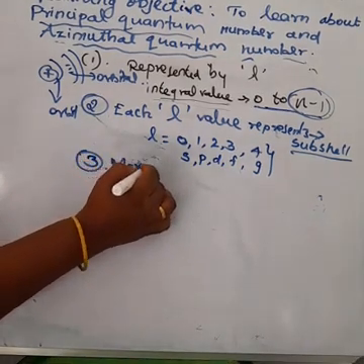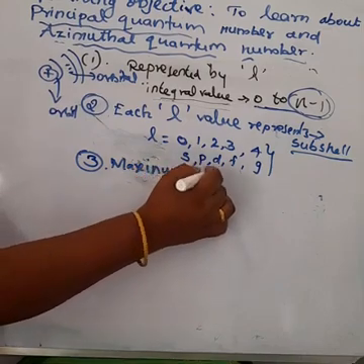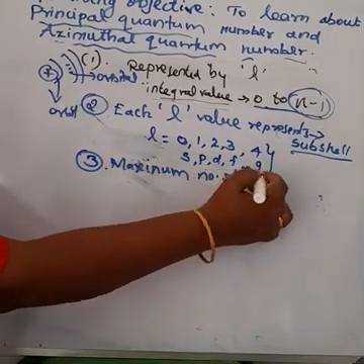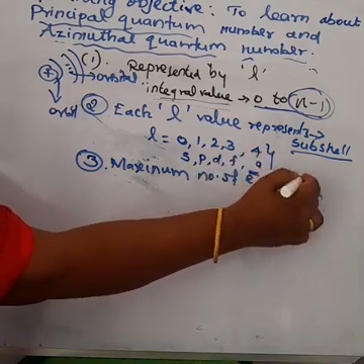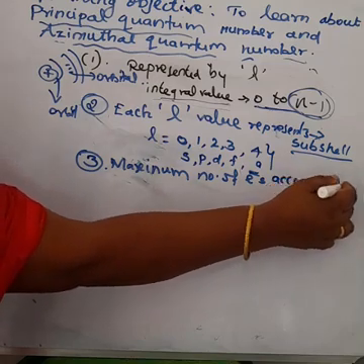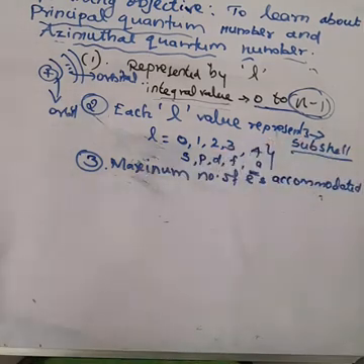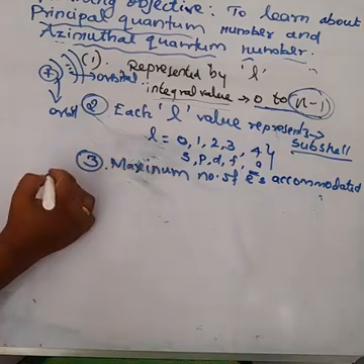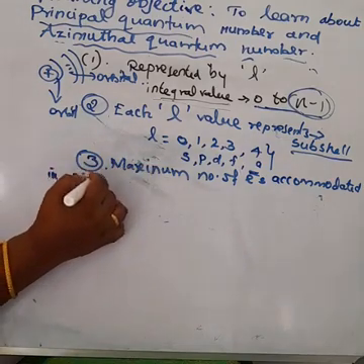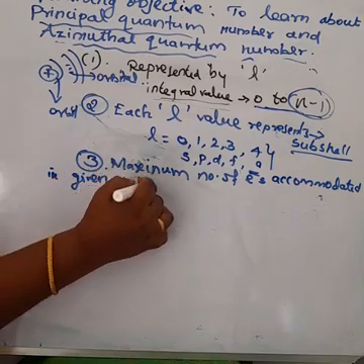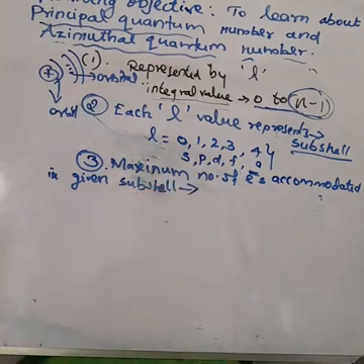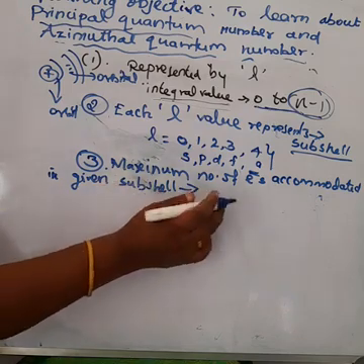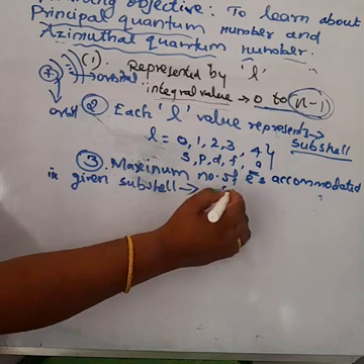The maximum number of electrons that can be accommodated in a given subshell or orbital is 2 into 2L plus 1.